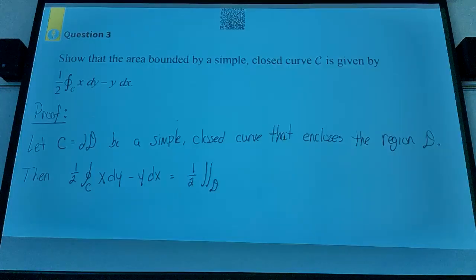That line integral is going to be the double integral of partial x of the y component, which is x, minus partial y of the x component, which is negative y, dA.